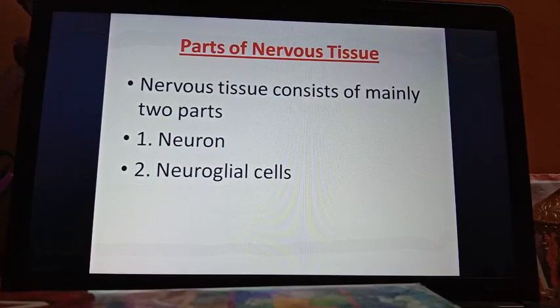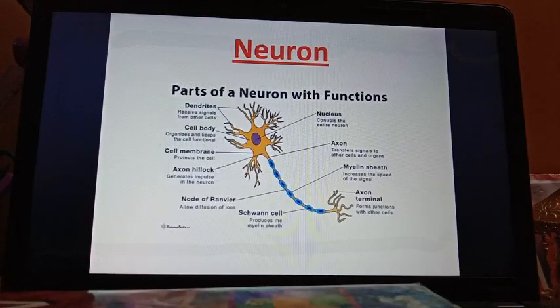One is neurons, second one is glial cells or neuroglial cells. So first is neuron. The structural and functional unit of nervous tissue is the neuron or nerve cell that transmits messages in our body.